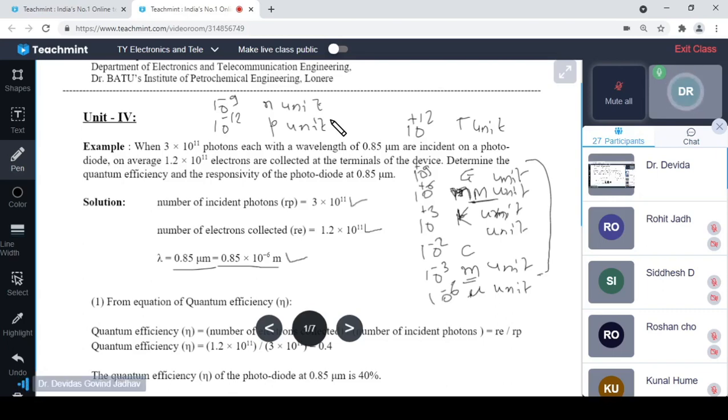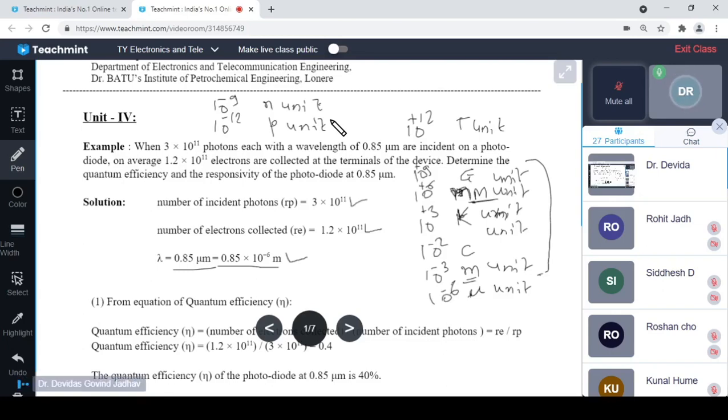But while substituting in the problem, we always take the original SI unit: meter, volt, ampere, watt, farad, henry.